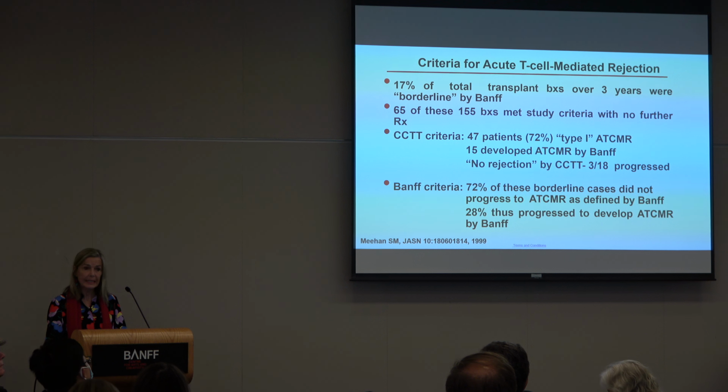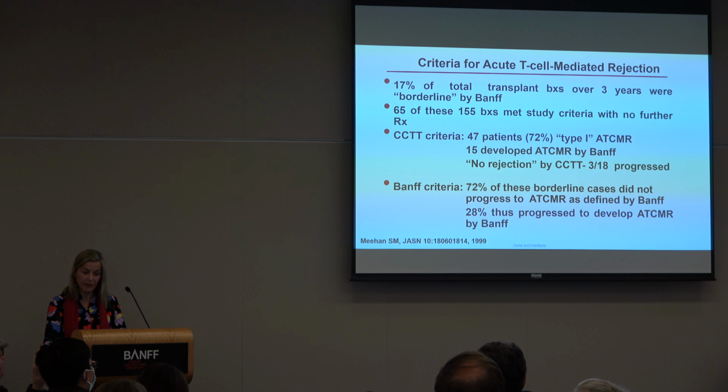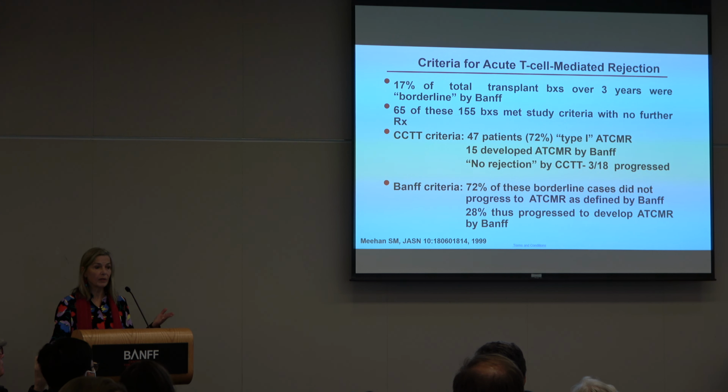So by CCTT criteria, that very low threshold, 47 patients, 72%, had type 1 acute T-cell mediated rejection. In the follow-up biopsies, 15 of these developed acute T-cell mediated rejection by Banff. So they went on from a low but detectable infiltrate and tubulitis to a very high level.